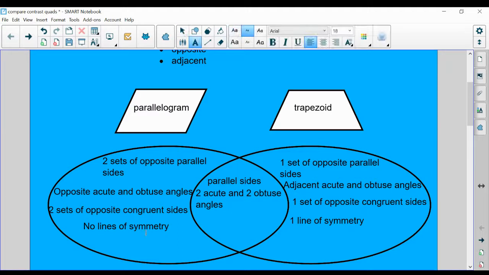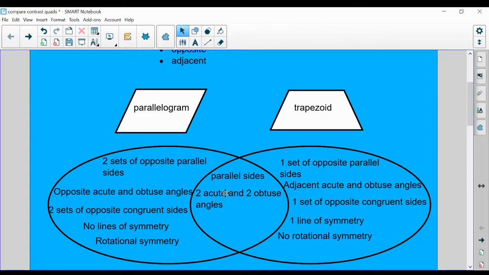So if you really wanted to squeeze the orange and get as much juice as possible, you might put rotational symmetry over here. And you could even put no rotational symmetry on the trapezoid. And we're in the business of trying to get as much description as possible.